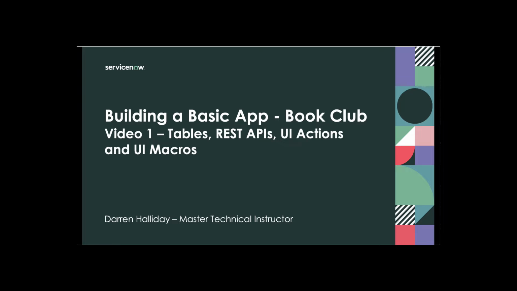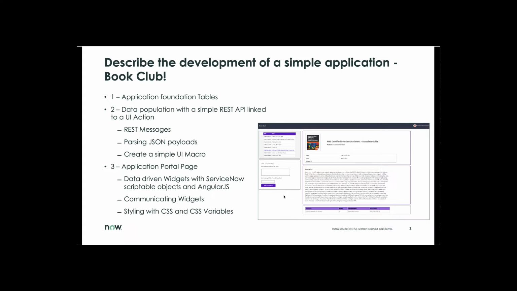So in this first video, I'm going to be showing you how to build out the initial book club app, the tables that we need, the REST API calls invoked by a UI action and enhanced with a UI macro. In this particular application, it's going to have certain foundation tables, which we'll look at in a moment.